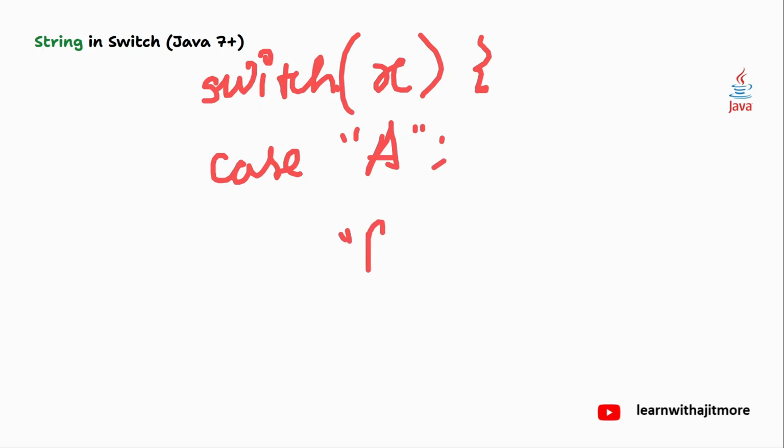Double quote, Ram, colon, double quote, Sita, whatever it is, doesn't matter. Now, that X you have passed, obviously it is a string. So that string is compared with this string. So the comparison is done on the basis of the equals method.